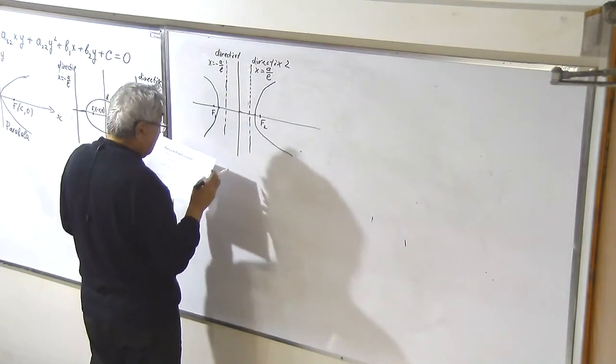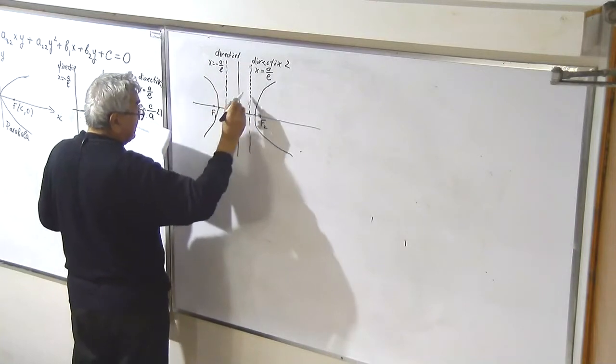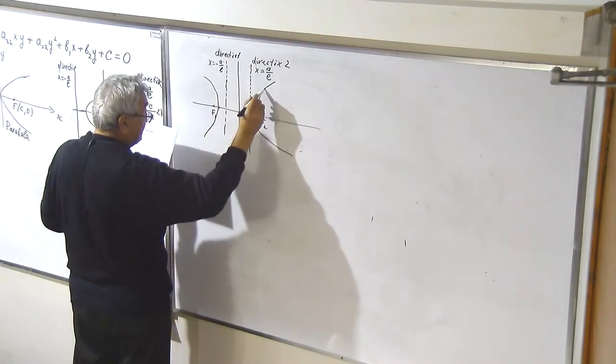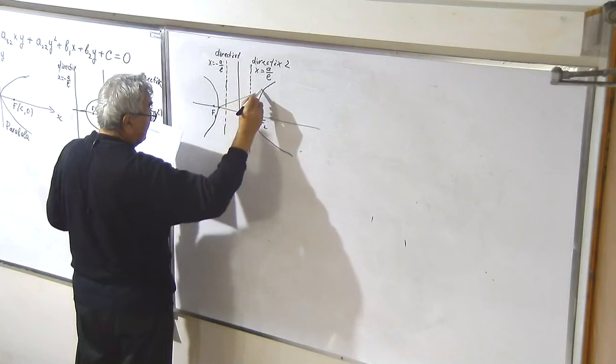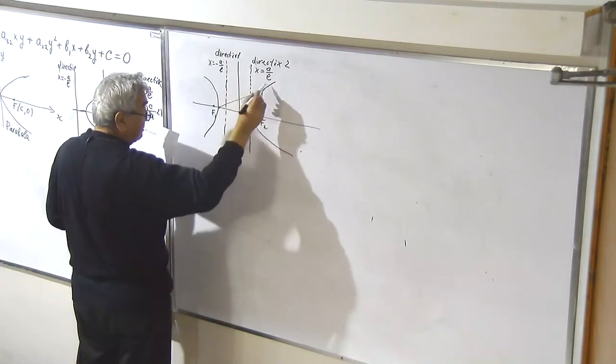Applying all these pictures again, take this coordinate: the difference of distances from this point to this point, if you subtract one from the other, should be 2a.